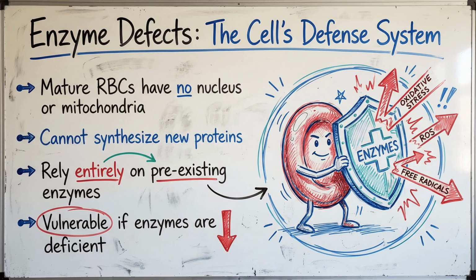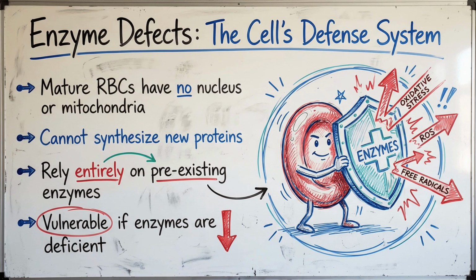We've talked about membrane defects, but now let's dive into enzyme deficiencies, which are another major intrinsic problem for red blood cells. Why do these cells, which seem so simple, need such a robust enzyme system? Well, remember, mature red blood cells are unique. They've kicked out their nucleus and mitochondria. This means they can't synthesize new proteins or repair themselves.